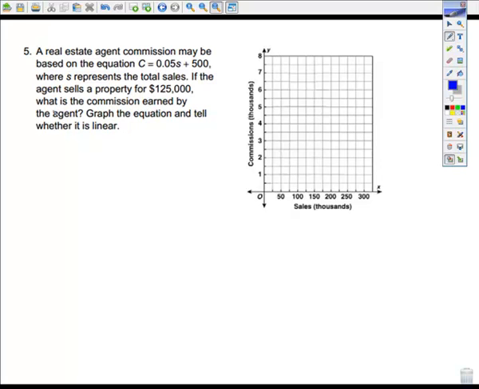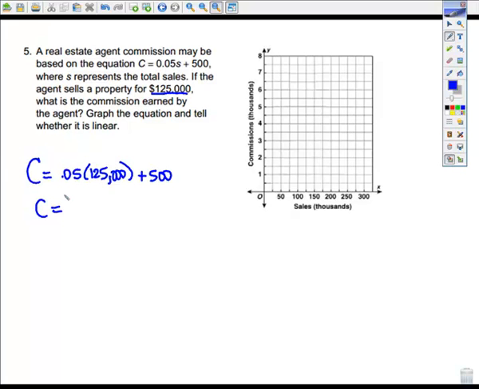So the first thing they want us to do is figure out the commission if they sell a house that's $125,000. So we go C equals 5/100ths times $125,000, and we know that 5/100ths is the same as 5%. So they get 5% of the sales price, plus they get an additional $500.